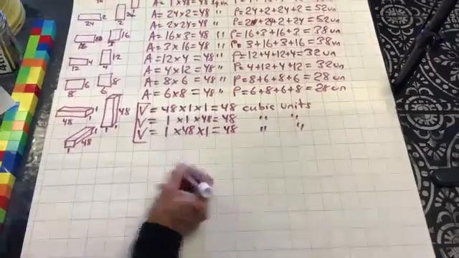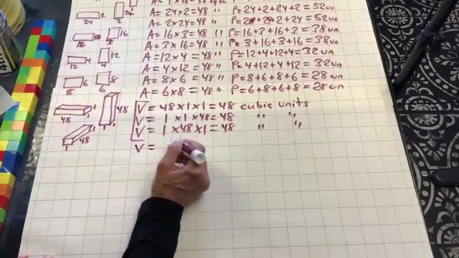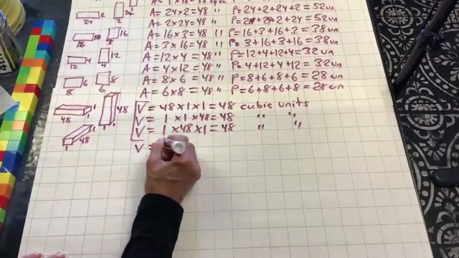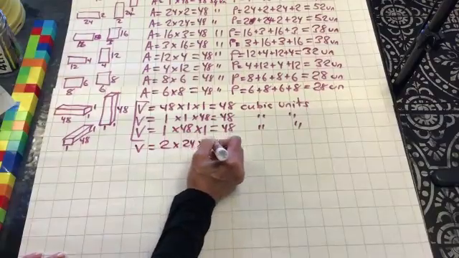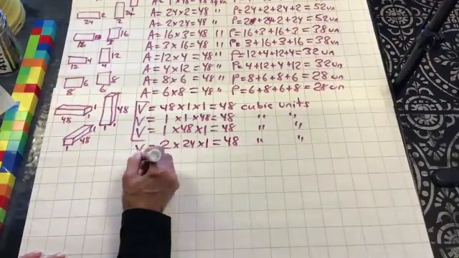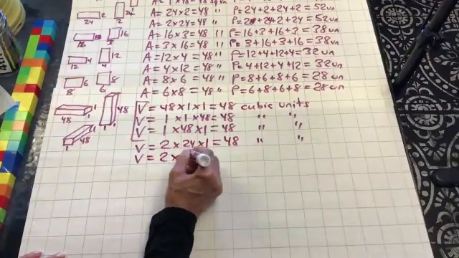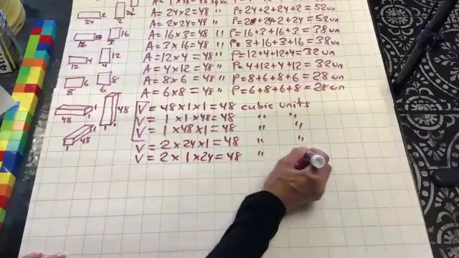Okay, our next family is the 2 by 24. So we're just going to write this one out. 2 times 24 times 1 equals 48 cubic units. And we can write that one again as 2 by 1 by 24 equals 48 cubic units.